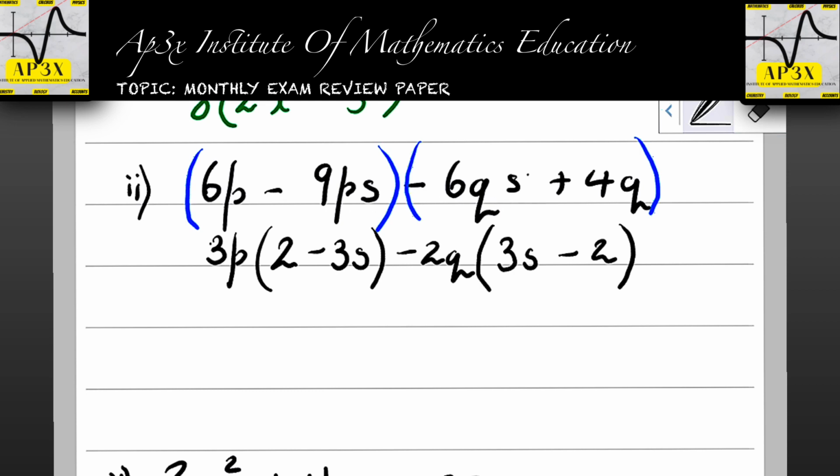Or what you can do, you can use a cheeky little method here. Here's the cheeky method. Here I factorized -2. Now if I had factorized +2 instead, then you'll recognize here that +2 into -6 goes -3 times. And so +2 into +4 goes +2 times.